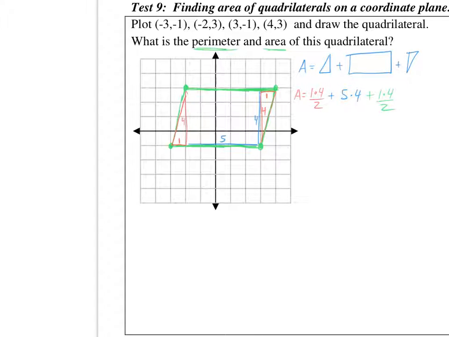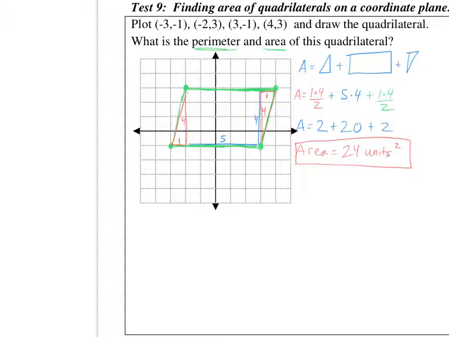So how do we find the full area? We have to find each of these numbers and add them up. So this is going to be 1 times 4 divided by 2 is 2. 5 times 4 is 20. And 1 times 4 divided by 2 is 2. So my area is equal to 2 plus 20 plus 2, which is 24 units squared, or square units. That right there is my area.